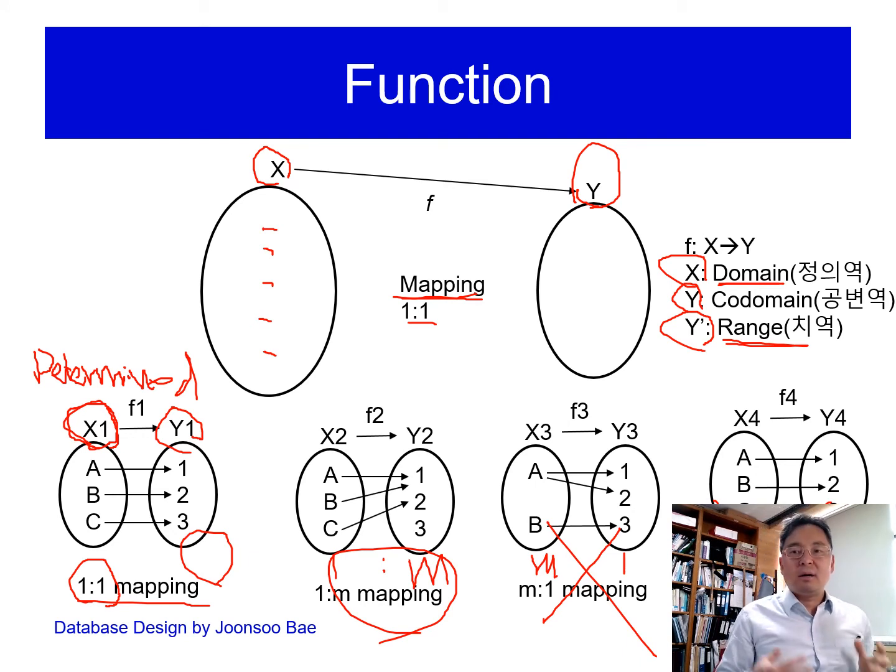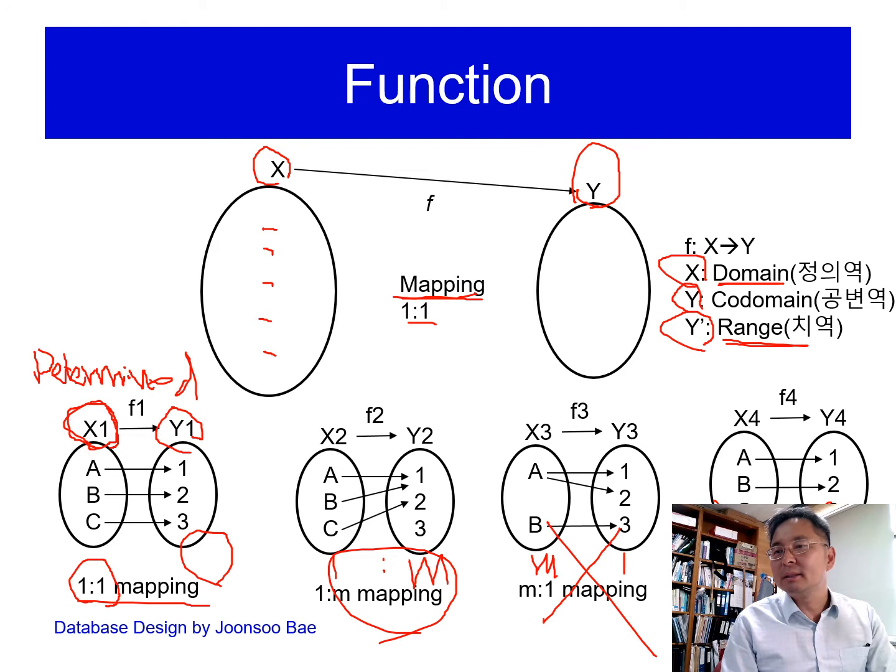Okay, that is about functions. Now we can say that these X and Y values are columns of the tables, or attributes. Between attributes in a relation, we can decide if it is a function or not.